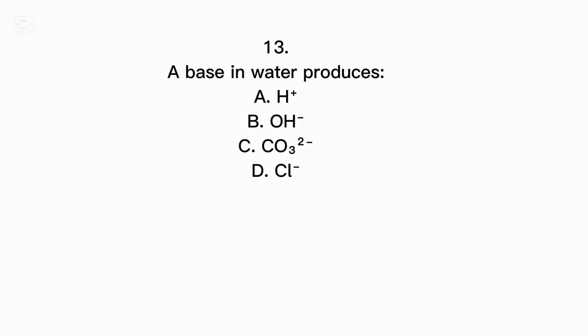Example, sodium plus hydroxide gives us sodium hydroxide. So a base in water cannot produce hydrogen positive, neither carbonyl nor chlorine negative. A base in water can only produce hydroxide negative. So the correct answer there is B. It's only an acid that produces hydrogen positive when it dissolves in water.